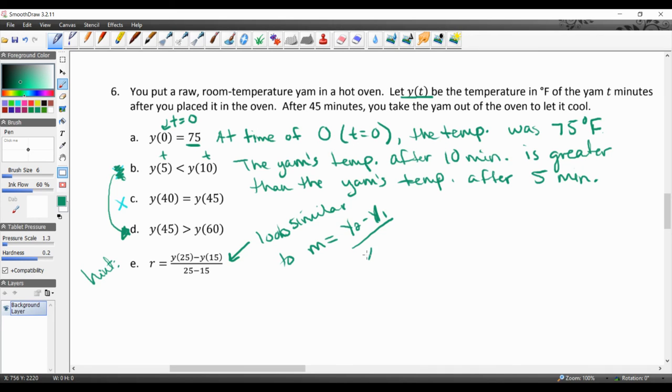These are y's. y sub 2 minus y sub 1 over x sub 2 minus x sub 1. This is a formula that you should hopefully remember. If you can remember what formula it is, you can remember what it stands for, and that will give you the hint on how to find this one. I'm curious to see if we can figure this one out.